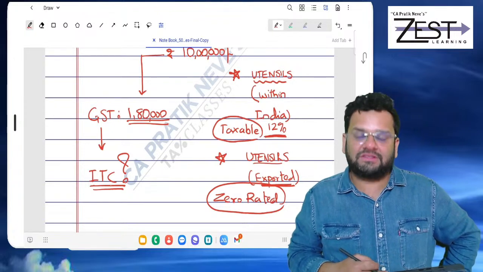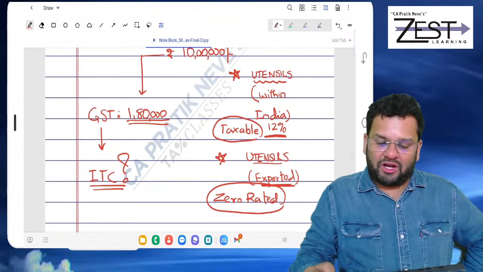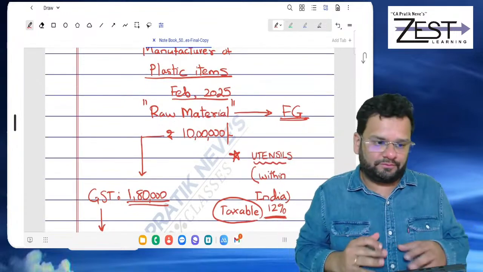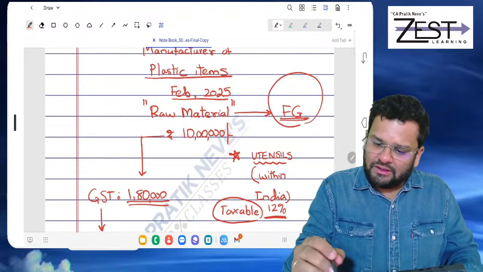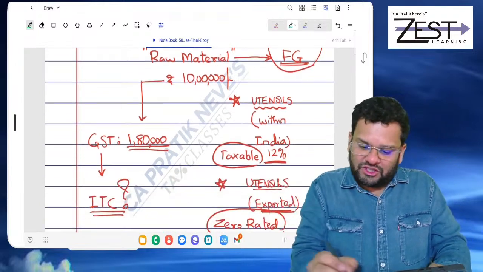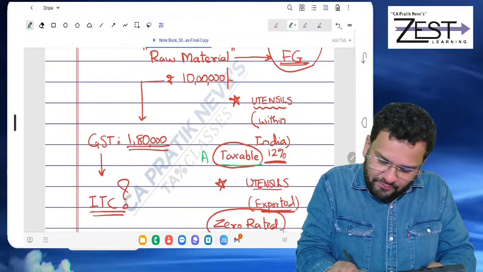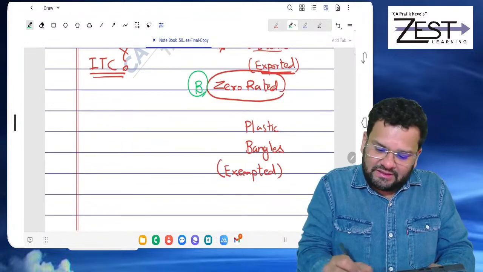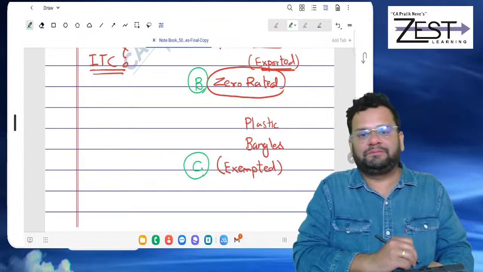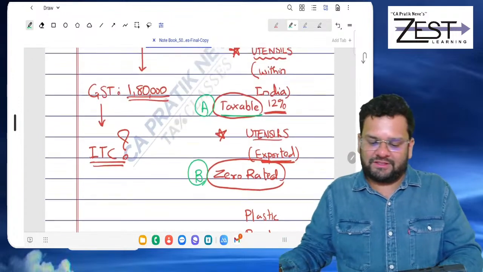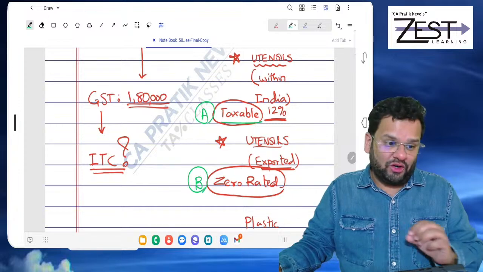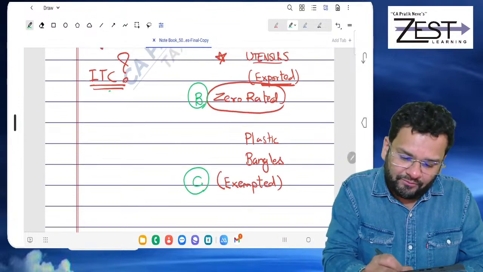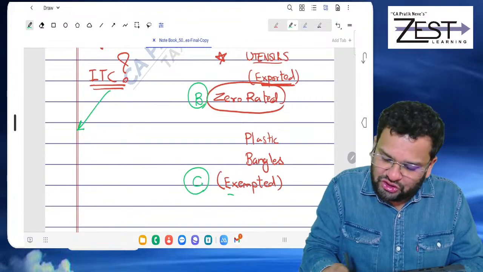Of course, no. Because now the raw material is being used to manufacture finished goods which are A, taxable, B, zero rated, and C, exempted. So ITC will not be available for that which is used in exempted.